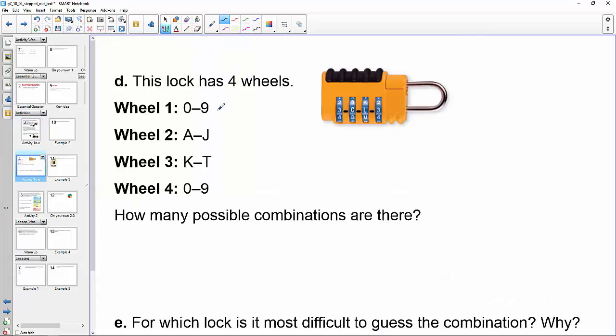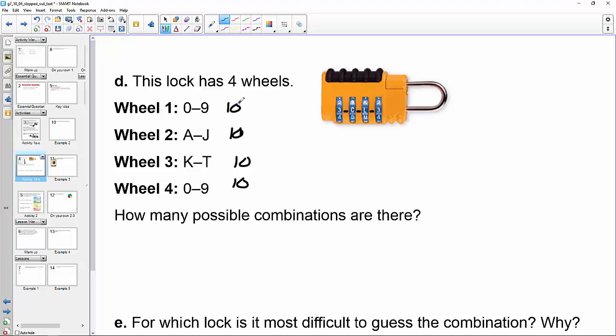This lock has 4 wheels, 0 through 9. Well, if I look here, this is 10 different numbers, right? Like 0 through 9. Wheel 2, A through J, I believe, let's just do A, B, C, D, E, F, G, H, I, J. That is 10. And then I have K, L, M, N, O, P, Q, R, S, T. That's also 10. And this here is 10.